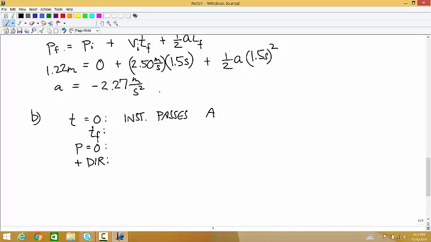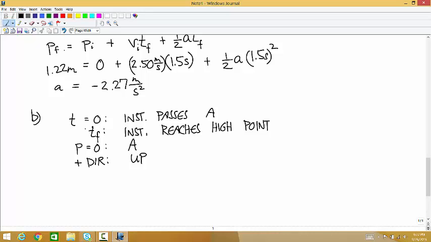If you don't have to, don't do it. Time final, that's the instant that it reaches the highest point. The position 0, I'm going to make that A again in the positive direction. I'm going to make it up.